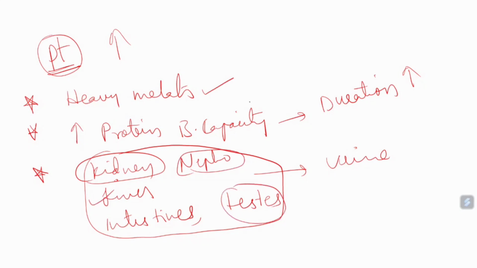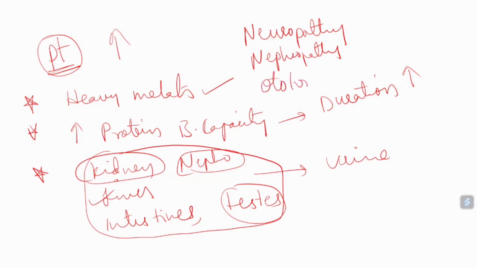Another important point: all heavy metals and drugs with a large molecular size cause neuropathy, nephropathy, and also ototoxicity. Same as aminoglycosides.